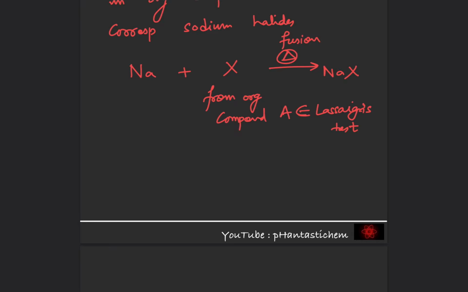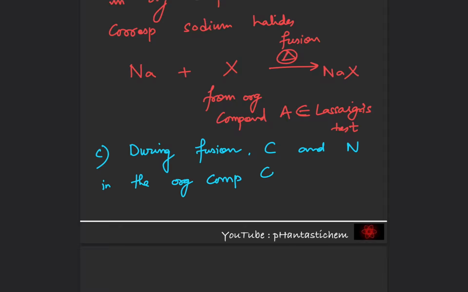Then let's talk about option C. Option C says during fusion, carbon and nitrogen present in the organic compound combine to form sodium cyanide.